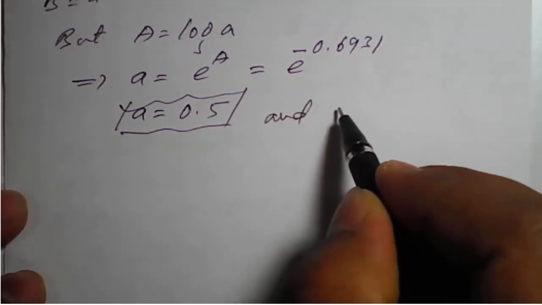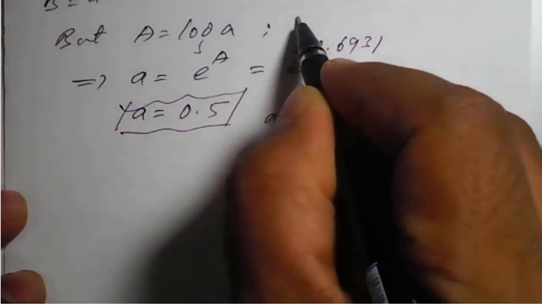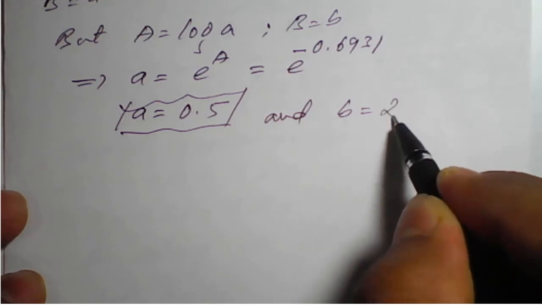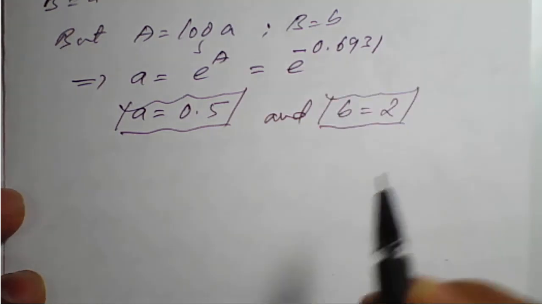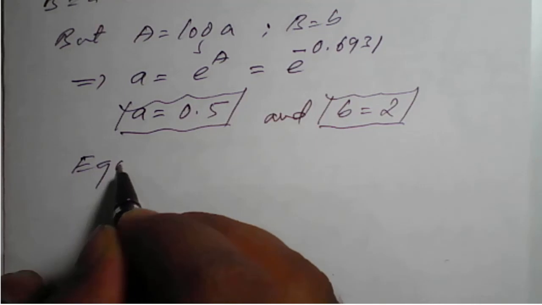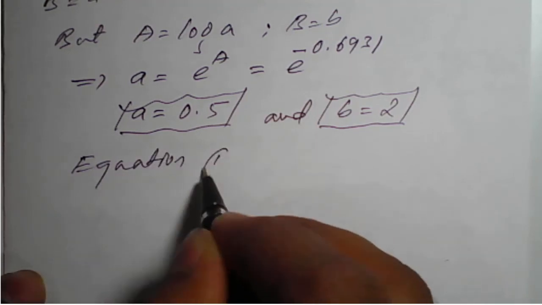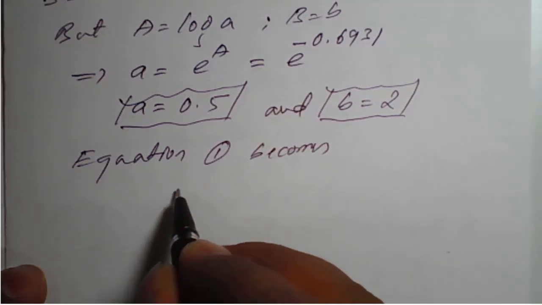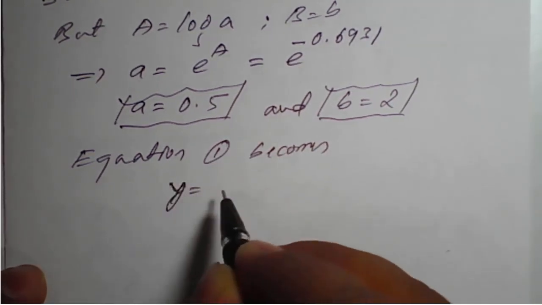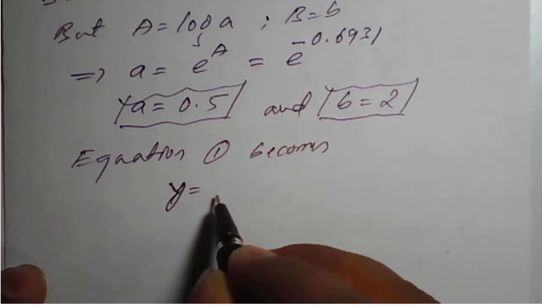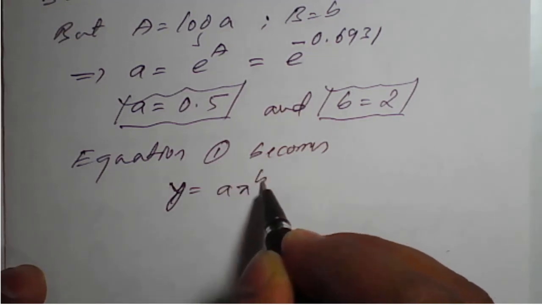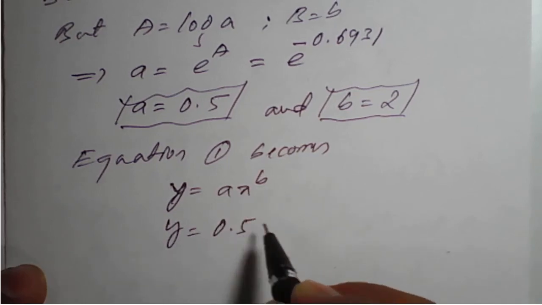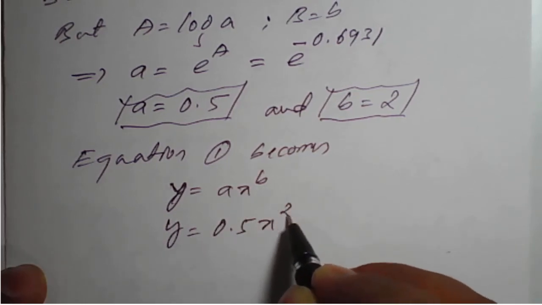As we know, capital B is nothing but small b, so b is 2. So equation 1, that is y is equal to a into x raised to b, becomes y is equal to 0.5 x raised to 2.